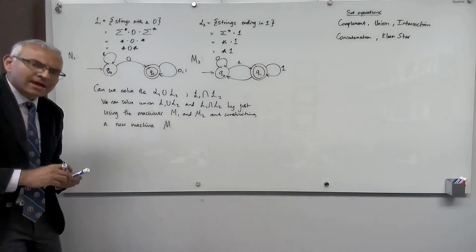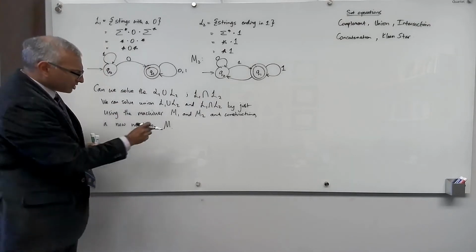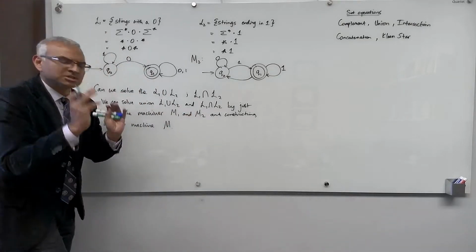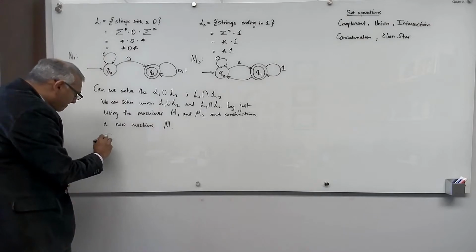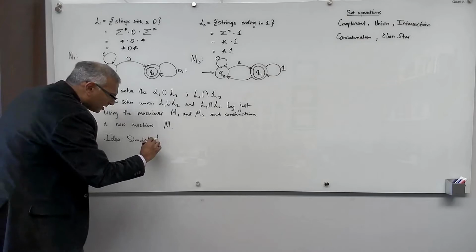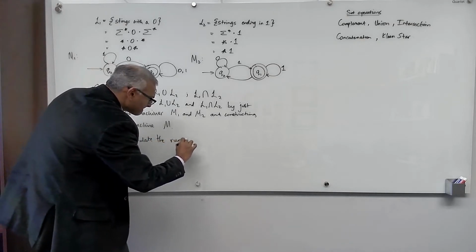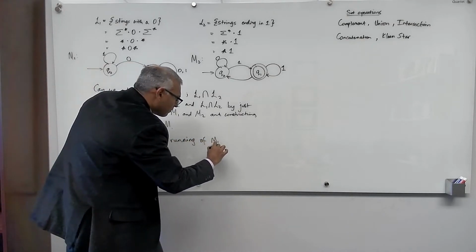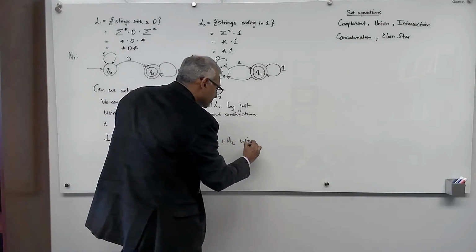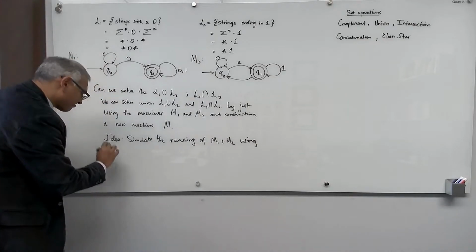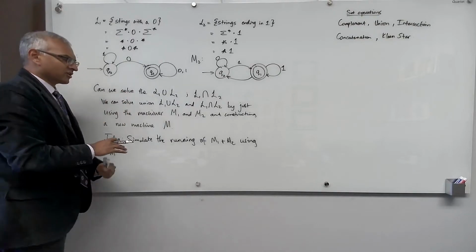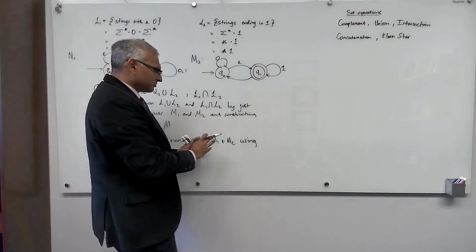The idea is simulation. I'm going to simulate the running of M1 and M2 in a single machine M. Let me tell you what I mean by simulate the running of M1 and M2.